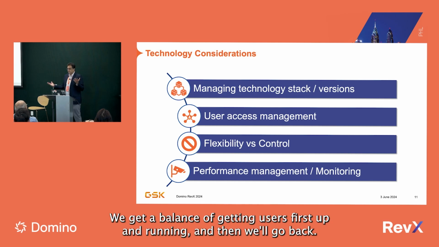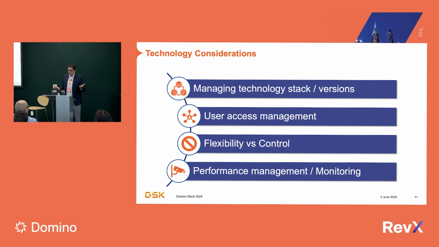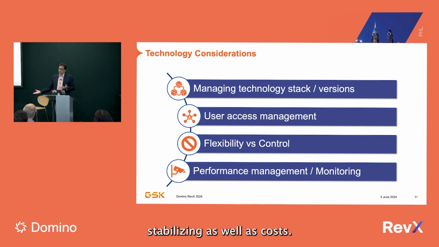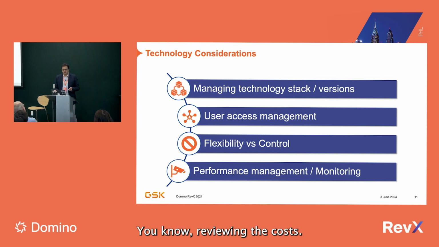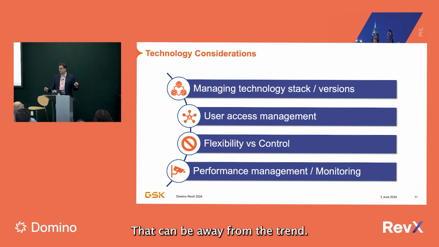And I say, we're helping the users first, and then we'll come back to that. On that end, there's tremendous pressure on stabilizing as well as reviewing the cost. These monitoring tools are really helpful to understand the low-hanging fruit we can address right away, learn from the trends, and then adopt them.